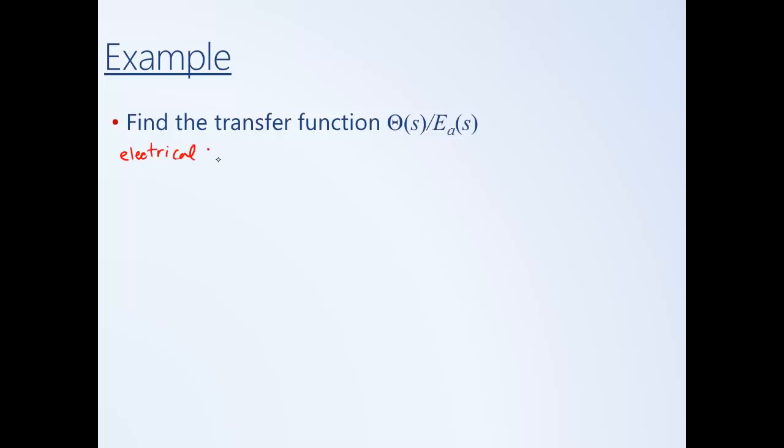For the electrical system from the previous slide, we had the applied armature voltage, subtract the drop across the resistor, subtract the drop across the inductor, and then we had the back EMF, E sub B, and I'll go ahead and substitute in that coupling relationship, where back EMF is some constant multiplying the angular speed theta dot of the rotor. And that all sums to 0.